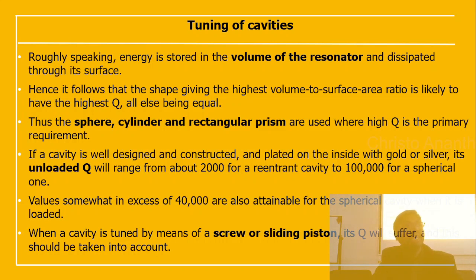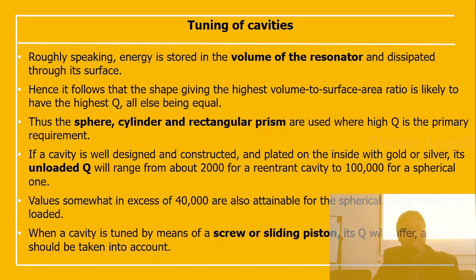So you can say that the energy is stored in the volume of the resonator and dissipated through its surface. So the shape which gives the highest volume to surface area ratio will have the highest Q factor, everything being equal. So the sphere, cylinder, and of course the rectangular prism are used where high quality factor is the primary requirement.